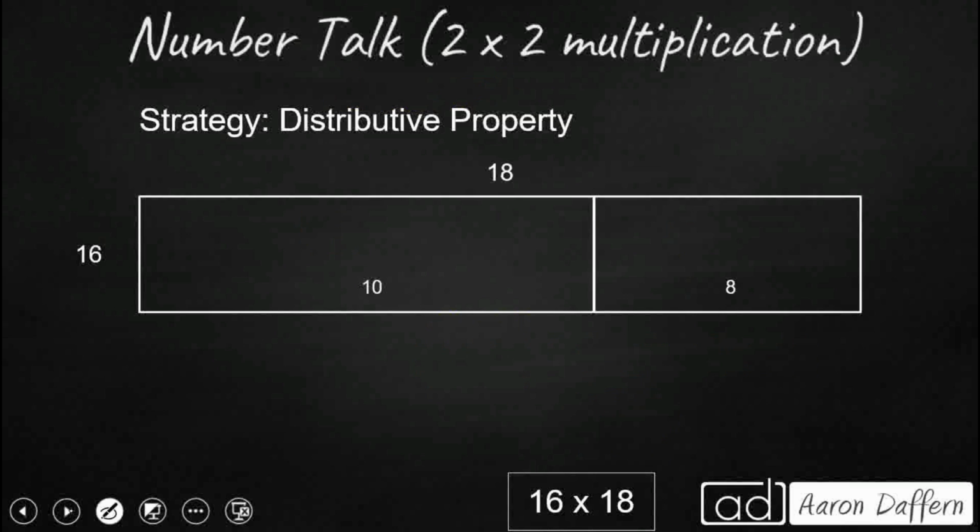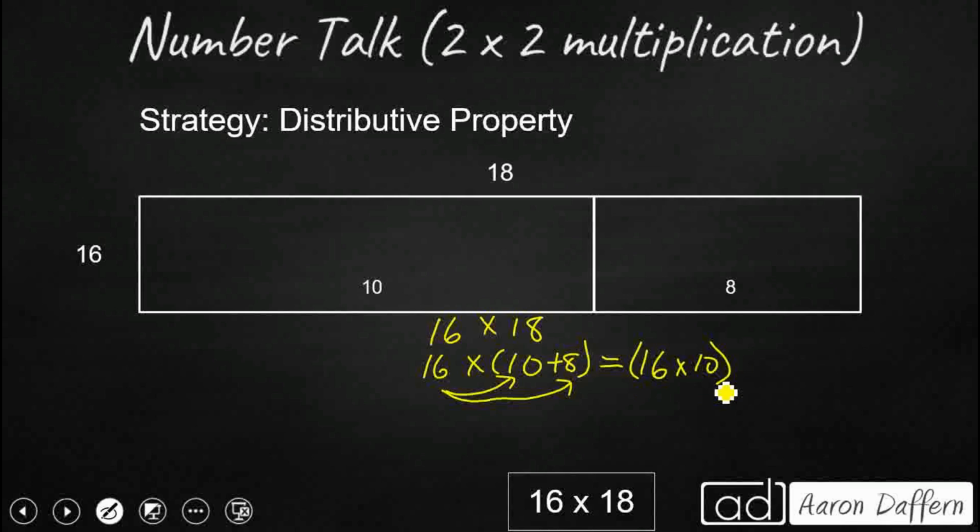Now there's another way we could have done that. Instead of breaking up the 18 into 9 and 9, you might have found it a little bit easier to break it apart into a 10 and an 8. Think of it like expanded form. 10 plus 8. Still going to do the same thing of distributing out. So 16 times 10, that's super easy because it's just 16 with a 0.